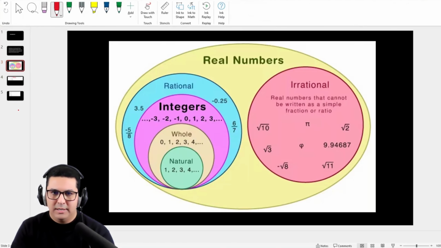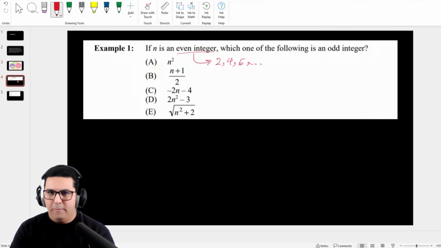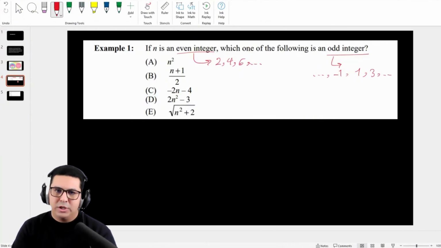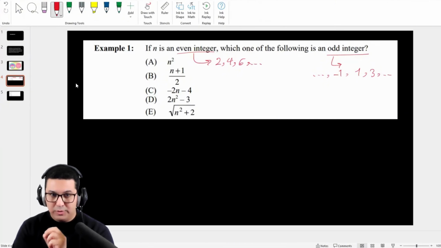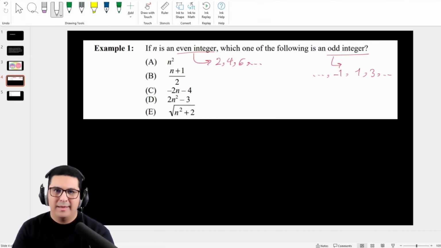Okay, but the even one. Which one of the following is an odd integer? An odd integer can be, for example, -1, 1, 3, and the others. Okay, let's choose a number, an even integer, and let's try to work with it.